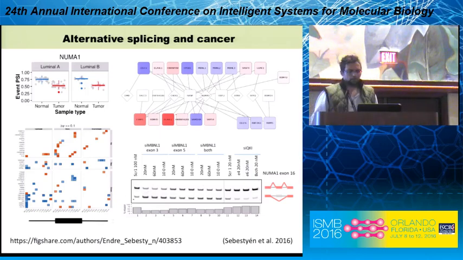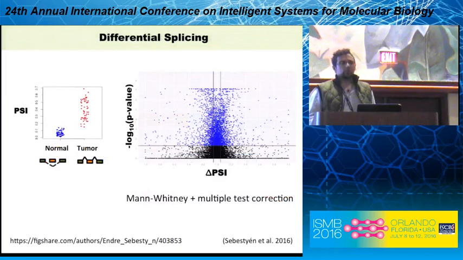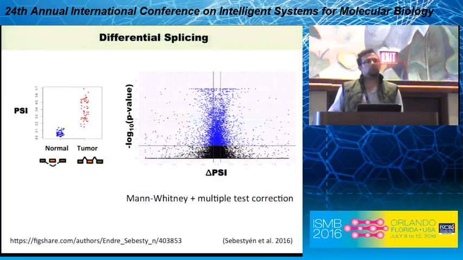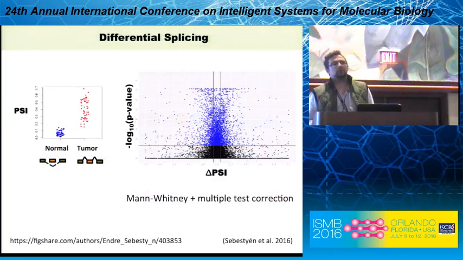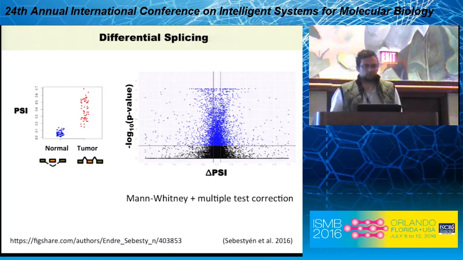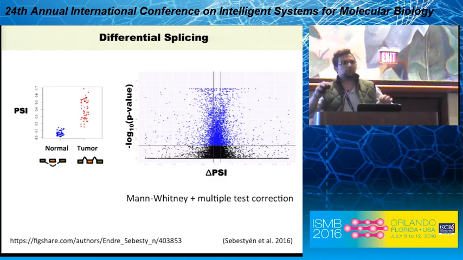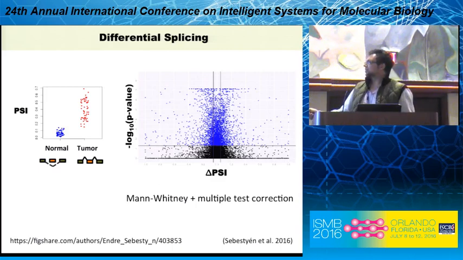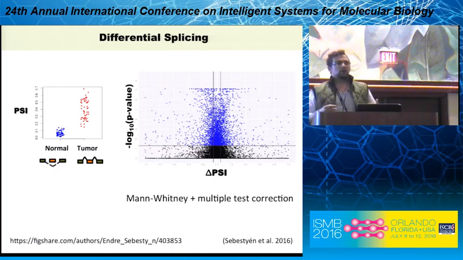Now the question was, how about differential splicing? For this analysis of the cancer data, we had to do comparisons between tumor and normal samples, or samples mutated or non-mutated for a specific splicing factor. At the time, having enough samples per condition, we simply used a classical method, a Mann-Whitney test with multiple test correction.